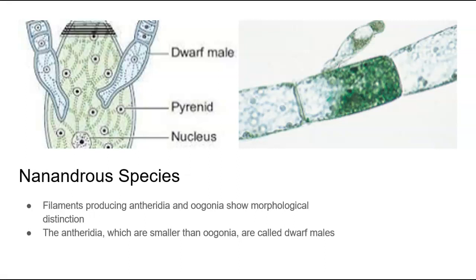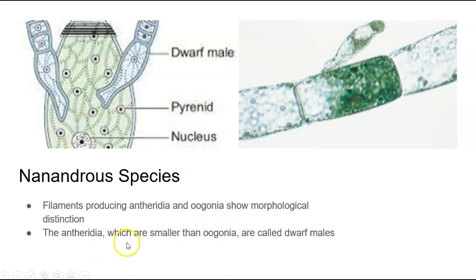Another species of Oedogonium is the Nannandrous species, and the difference here is the filaments. The filaments for the male organs are going to be different. So the filaments producing antheridia and oogonia are going to be morphologically different.